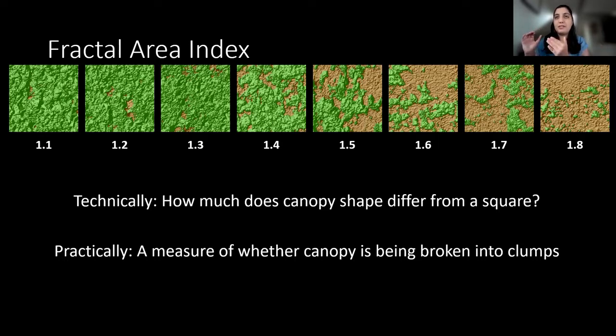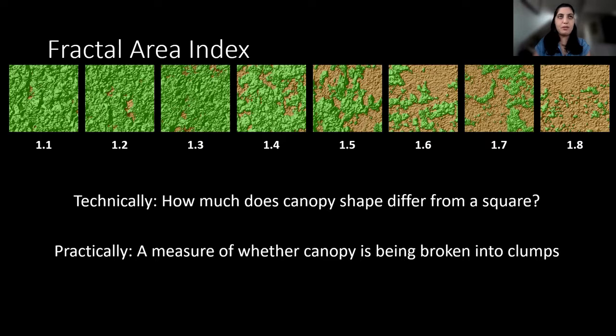And as you go up the numerical scale, it gets more and more broken up. So you would expect, just hypothetically, if you had a pretty closed canopy and a high severity fire came through, you would go from a pretty low value of frac to a high value of frac, because you have mortality and the needles would fall off and the canopy would be broken up.